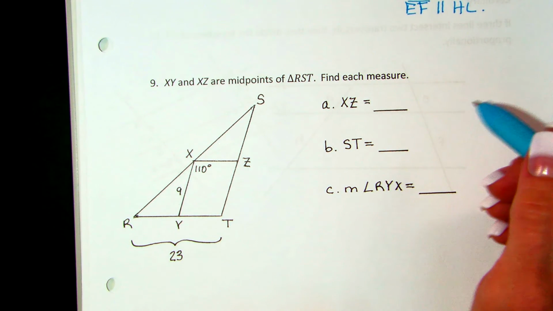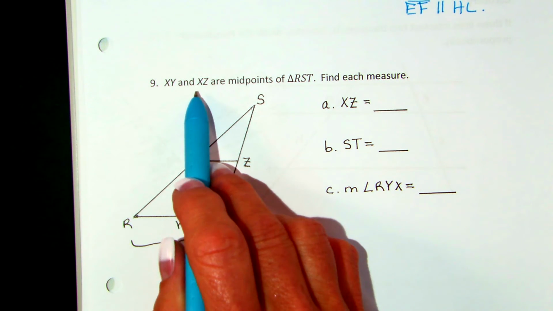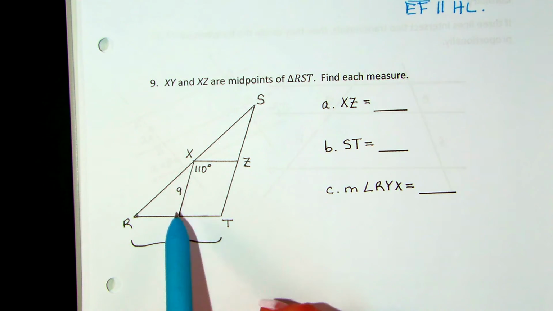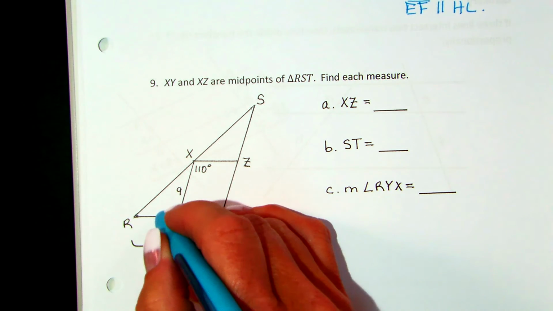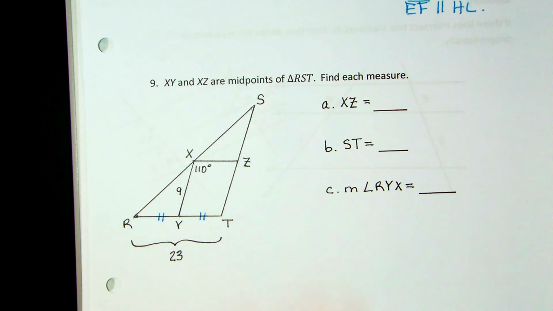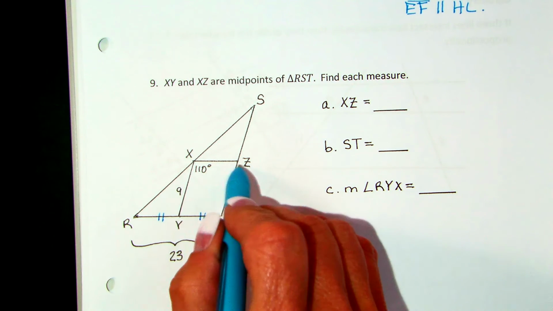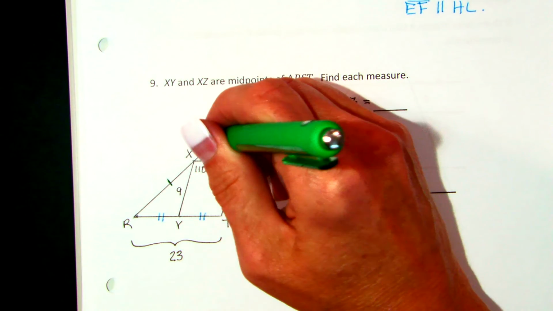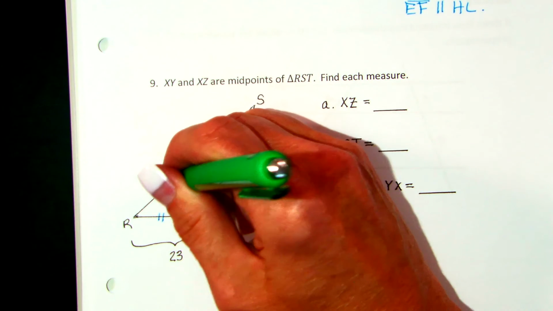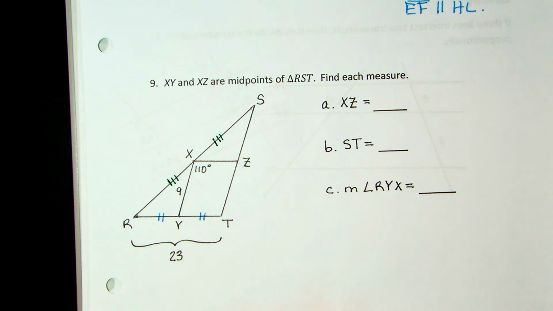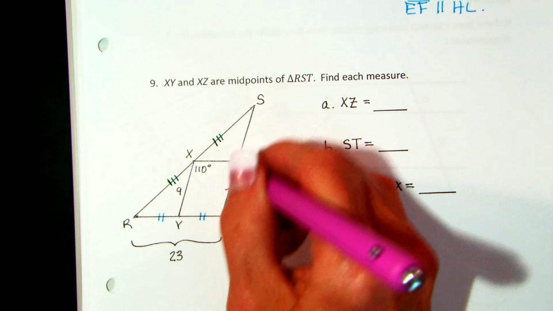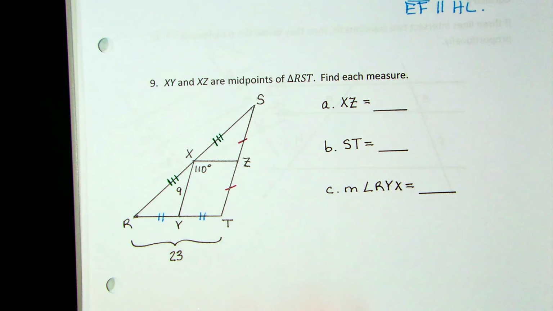All right, so X, Y, and XZ are midpoints. So X, Y are midpoints, so that means this is congruent to this. And then XZ is also midpoint, so this is congruent to this. I'll use 3 lines just because it makes it stand out more. And then we also know that this is congruent to this.